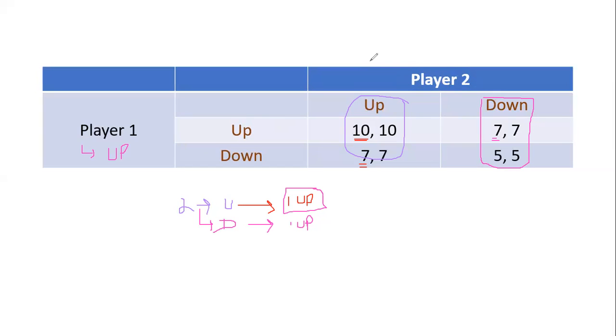Now let's check in the same way for player 2. We shall proceed in a similar way.